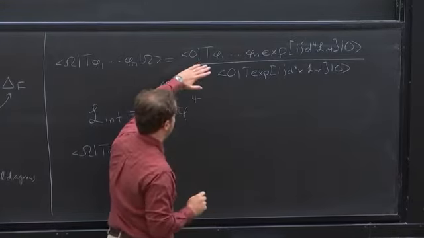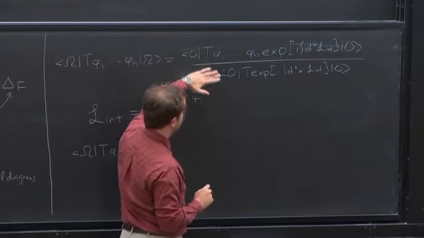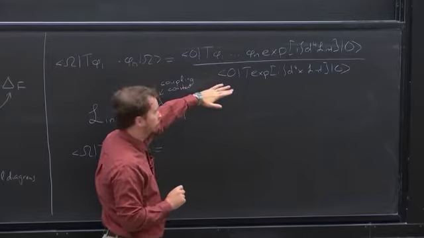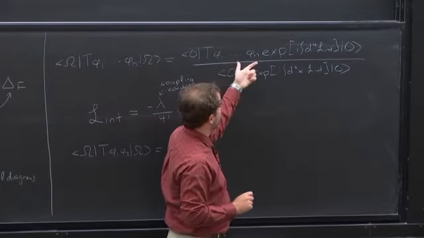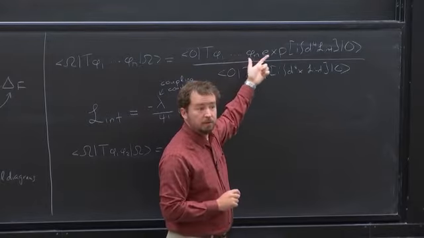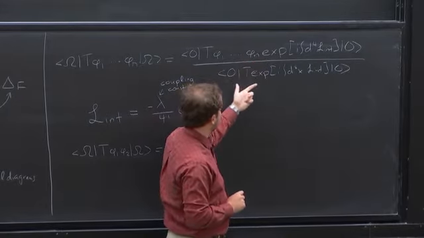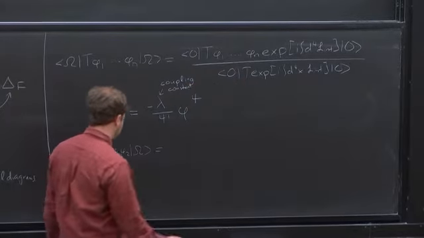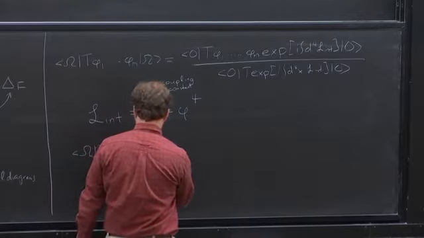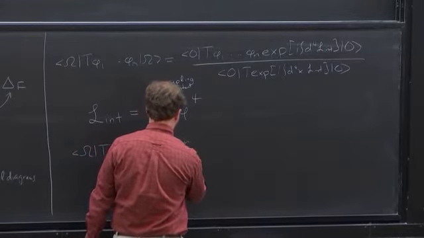Well, it will be a ratio of this numerator with this denominator. Now, let's consider those separately. Each of these is a correlation function in the free theory, or a correlation function in the interaction picture, which we can compute using Wick's theorem. So we'll consider the numerator and the denominator separately.